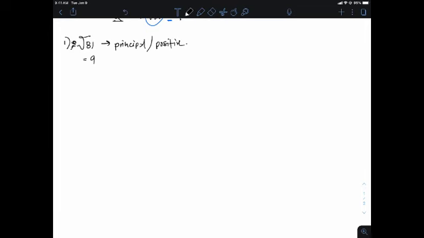That's different than if we're solving ourselves algebraically and we put on the square root sign. So what do I mean? If I had x squared equals 81 and I'm solving for x, I would say x is equal to the square root of 81, and that's when I have to say that the square root of 81 can be either positive or negative 9.